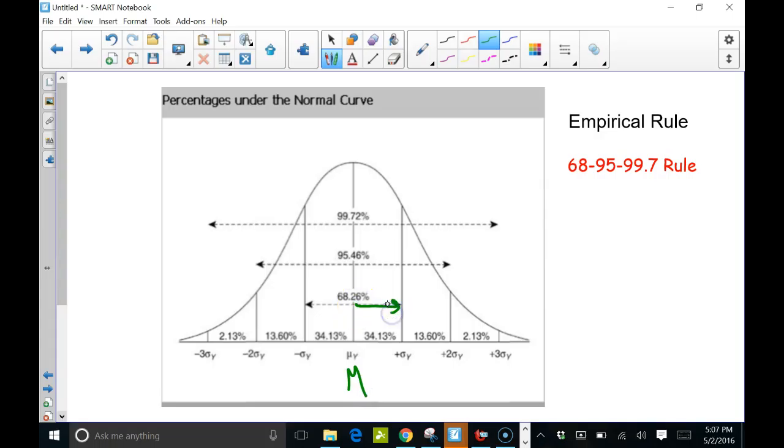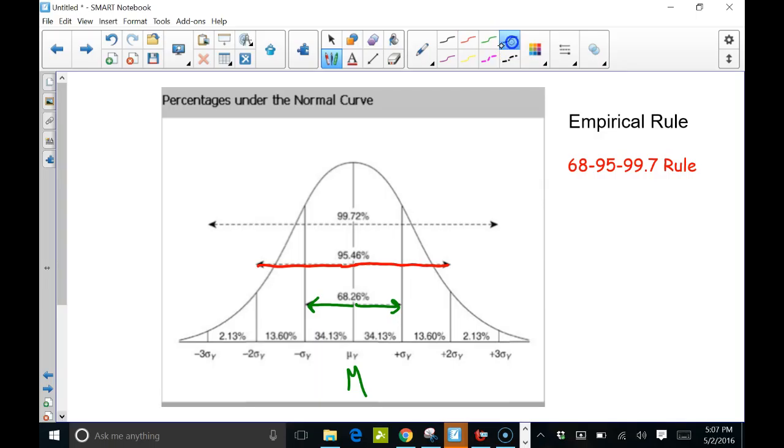If we move one standard deviation to the right and one standard deviation to the left, we expect that we see about 68% of the population. Now, if I go further, and from the mean I go 2 standard deviations to the right, and 2 to the left, we expect to see 95% of our population.